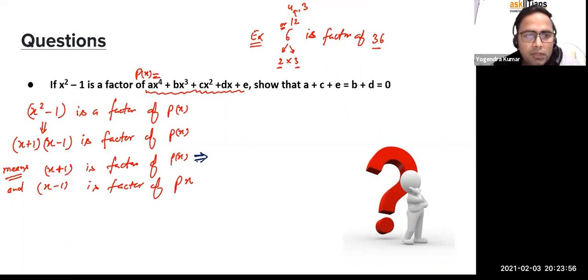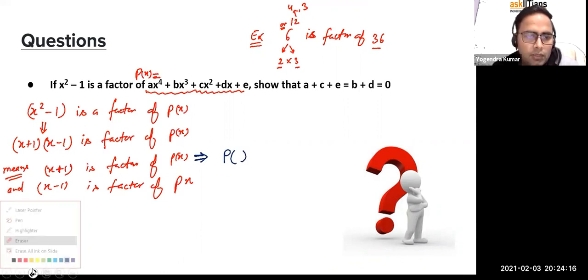So like we have seen in the previous question, what we need to say here? P of minus 1, right? Is that clear? What we'll say here? P of minus 1. I hope you're understanding what I'm trying to say.